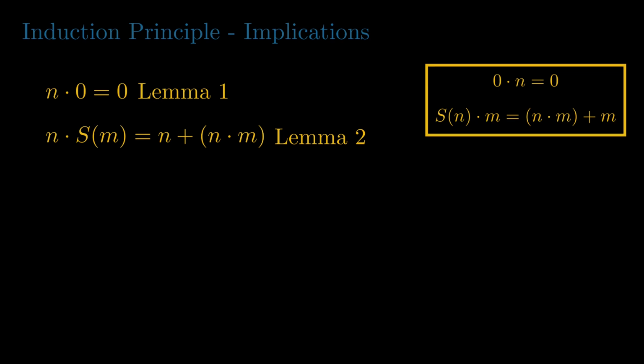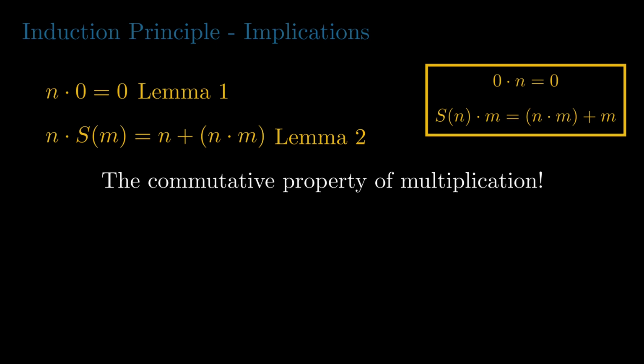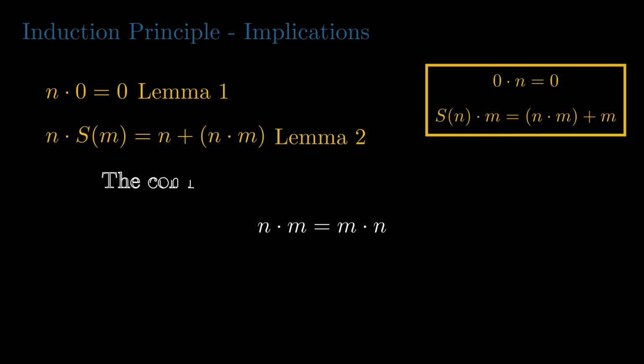Now, we have these two new lemmas, and we can use them to prove the commutative property of multiplication: n times m equals m times n. As always, to prove it, m is fixed and we start using n equals 0.